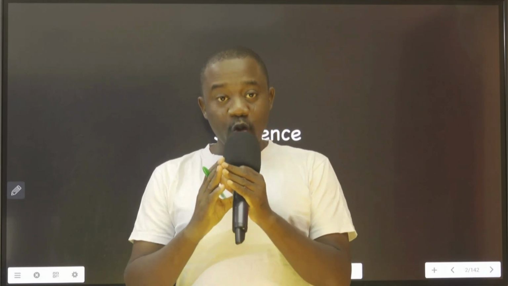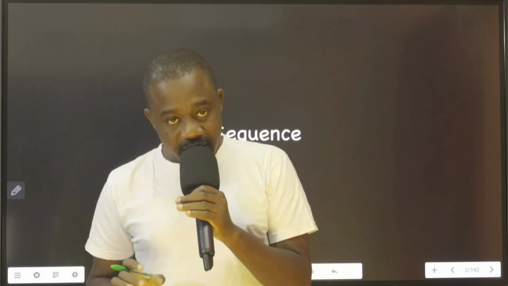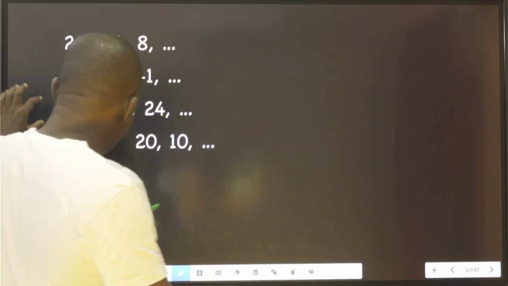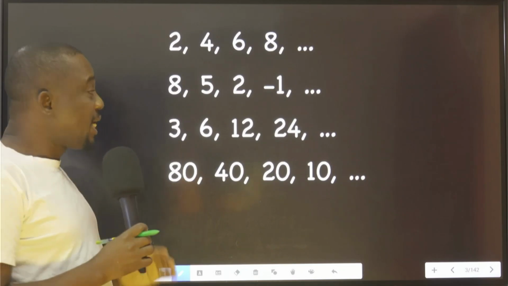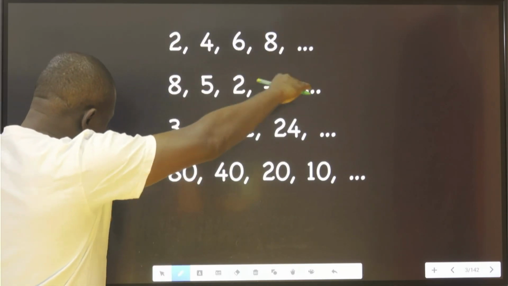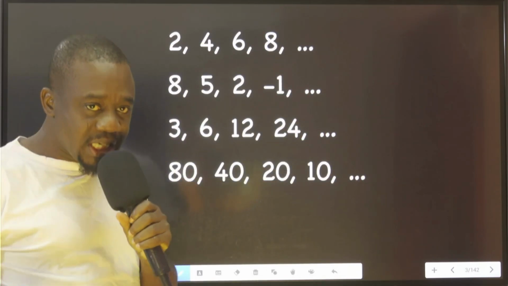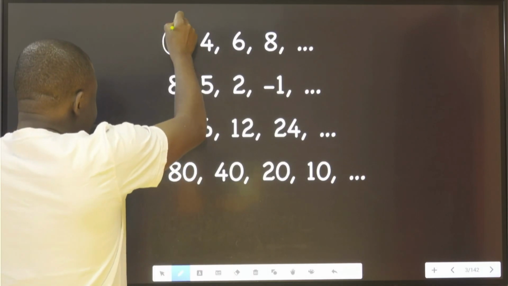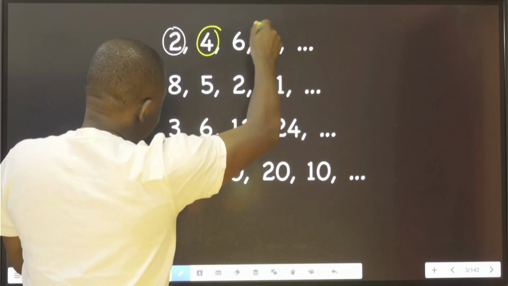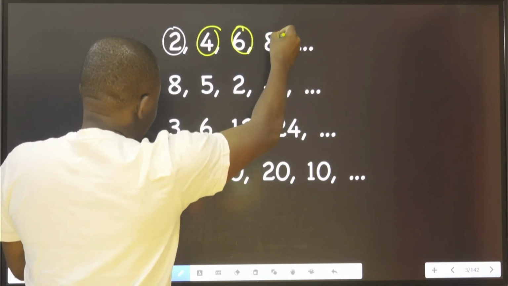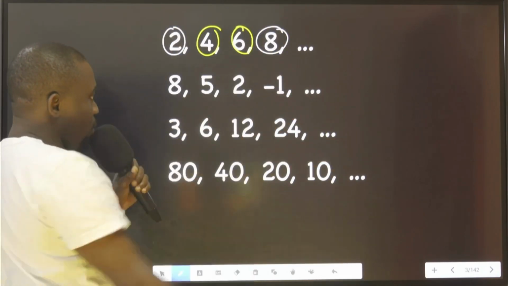In this session, we're going to look at sequence. Okay, sequence. As you can see in this place, these are numbers. Each of these is called what? Sequence. This is the element of this sequence, another element of this sequence, another element of the sequence, another element of what? The sequence.